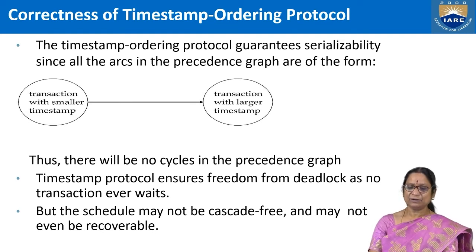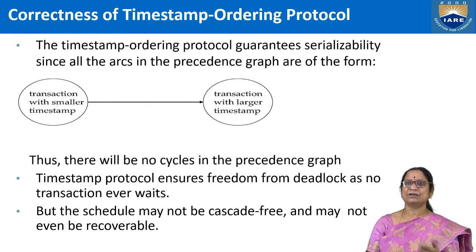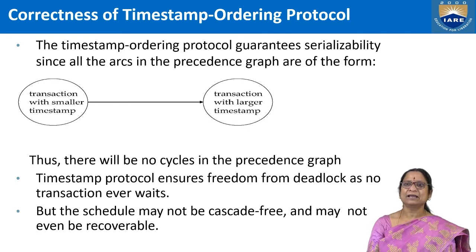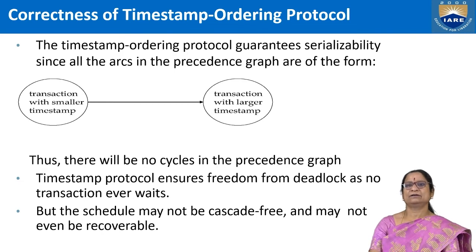But the schedule may not be cascade free and may not even be recoverable, because when we abort, the restart process has to be considered. So based upon that, the possibility of cascading rollbacks is there.